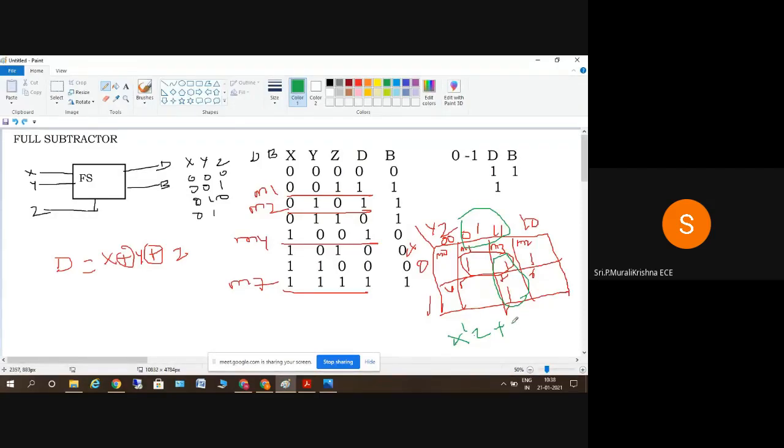And these two: X bar, so the term here is X bar Y.